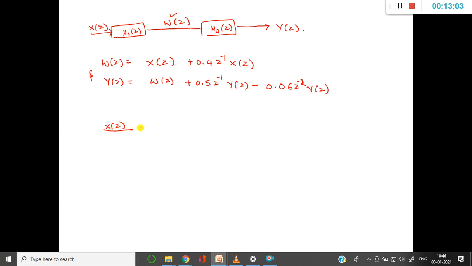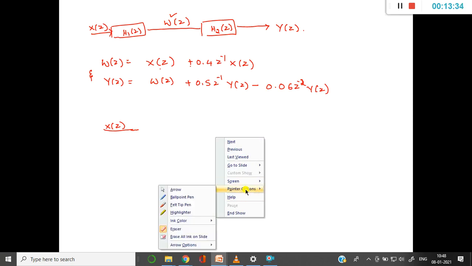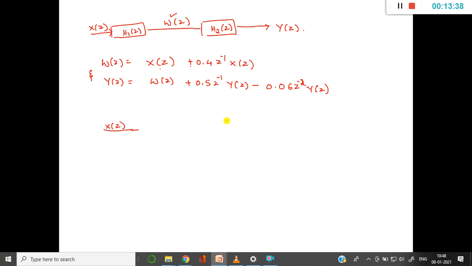So X(z) is supposed to be summation; X(z) is getting added with X(z) moving through a summation and W(z) here.